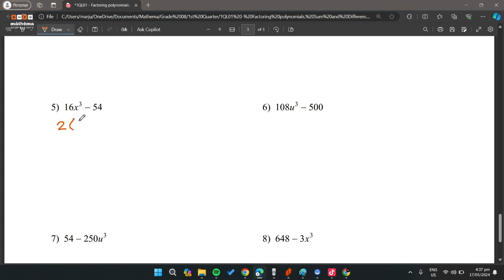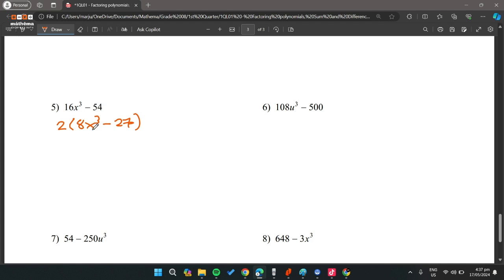Then we will get 8x cubed minus 27. It isn't 4, right? 54 is not divisible by 4.